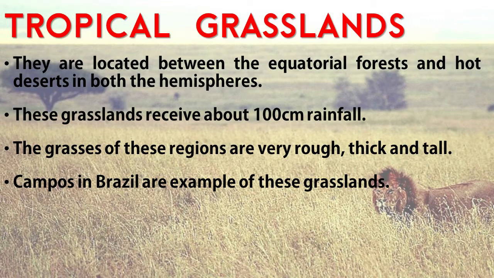The grasses of this region are very rough, thick and tall. Campos in Brazil is an example of these kinds of grasslands.